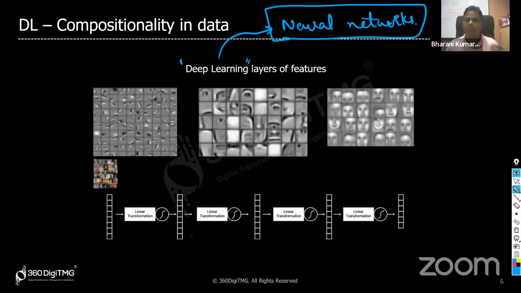So the way neural networks work is very similar to how a human brain works. If you supply images as input, this is your input layer.